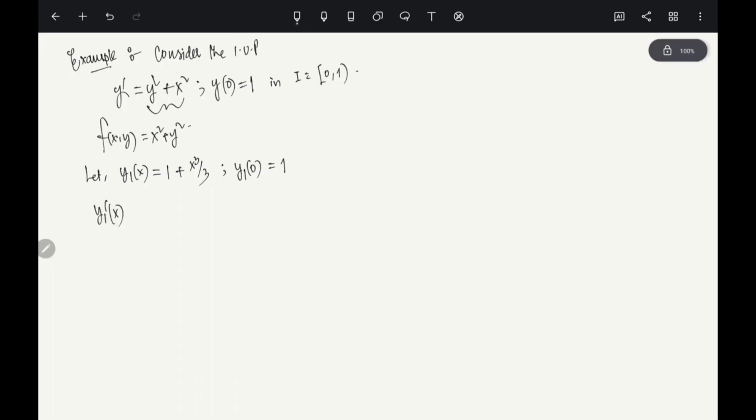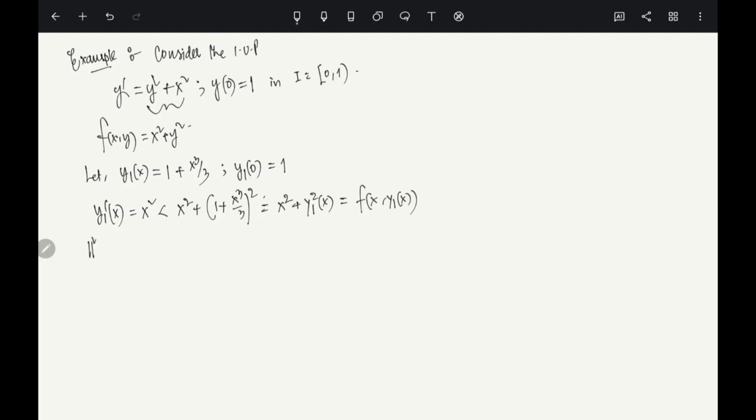Let's calculate this. It is nothing but x square, which is dominated by x square plus (1 plus x cube by 3) square, and this is nothing but x square plus y1 square. So I have a y1 such that y1 prime of x is strictly less than x square plus y1 square, which is f of x, y1 of x.